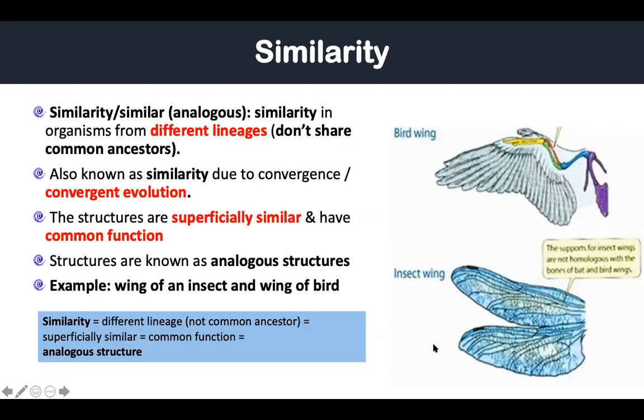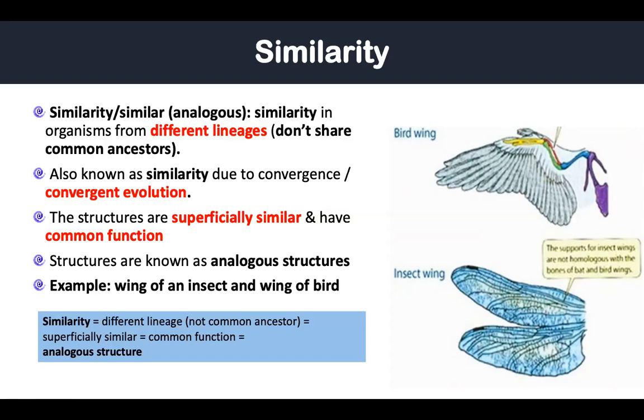They don't come from a common ancestor, but if you look at the overall structure of the wing, superficially, meaning what you can see, not the bones and all the other stuff, their wings look very similar and they have the same function. The wings help them fly, right?